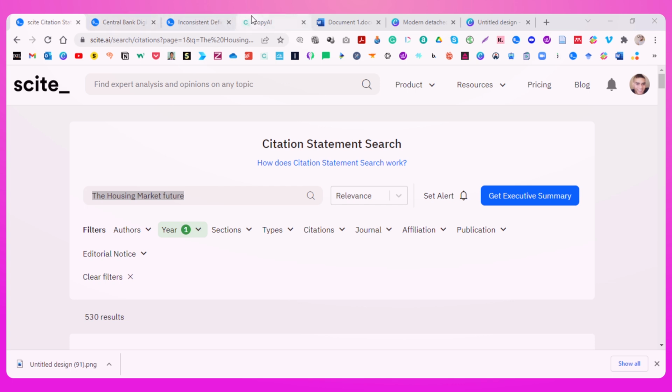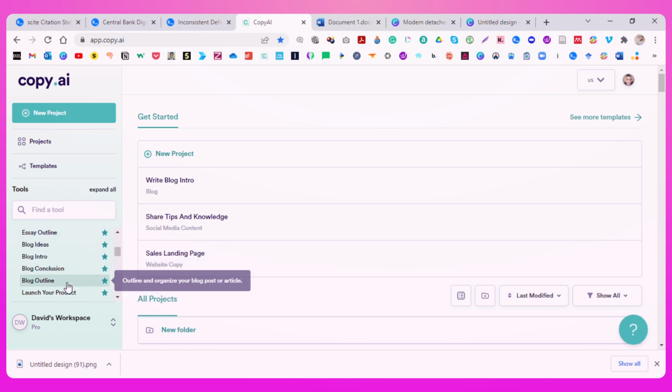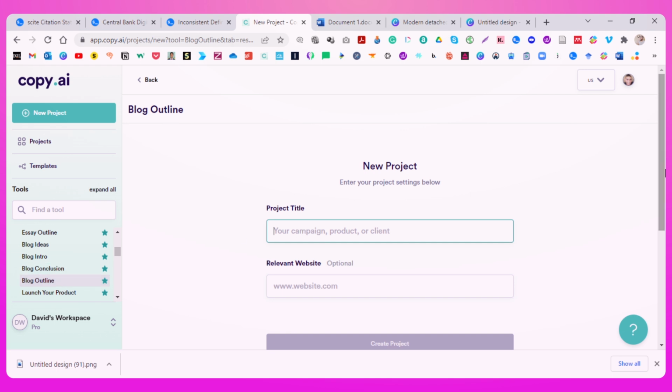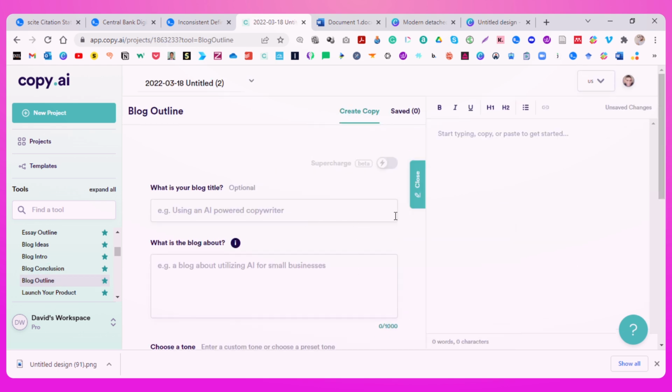Now, the first thing I want to do is change things. So I'm going to go to this tab right here and switch over to blog outline. I want to get information on exactly what we can search for research to help out.